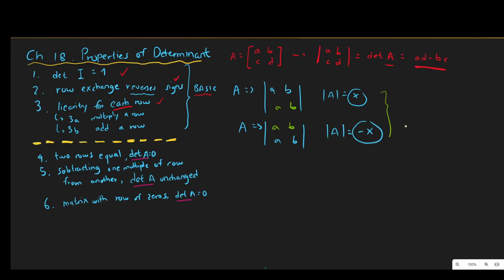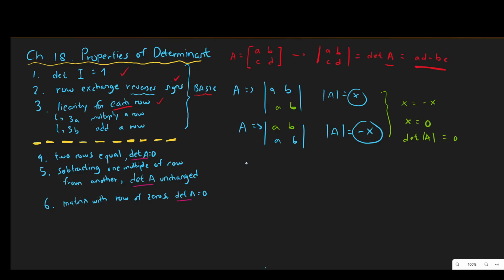So when is this possible? The only case when this is possible is when x is 0. So the determinant of a matrix with two equal rows is 0. Okay, so that's number 4.